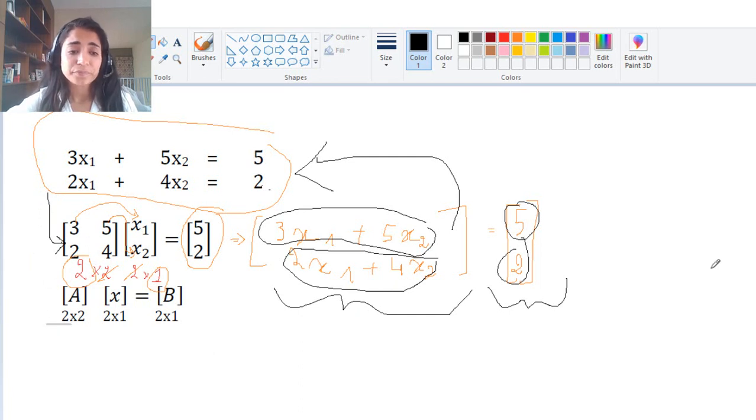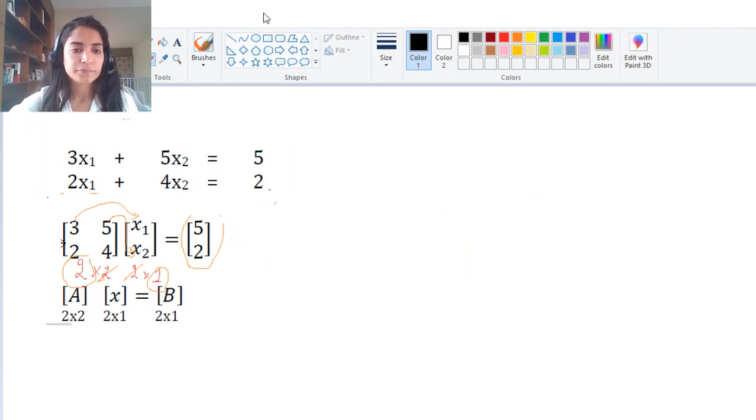All right. Now, how to find x1, x2 using this matrix equation? I know, guys, that this system of two equations is well described by this matrix equation.